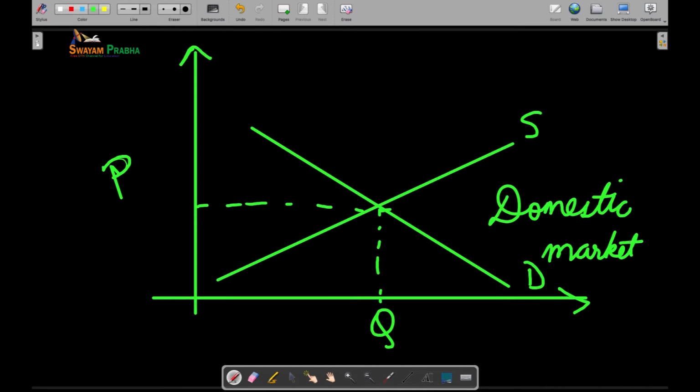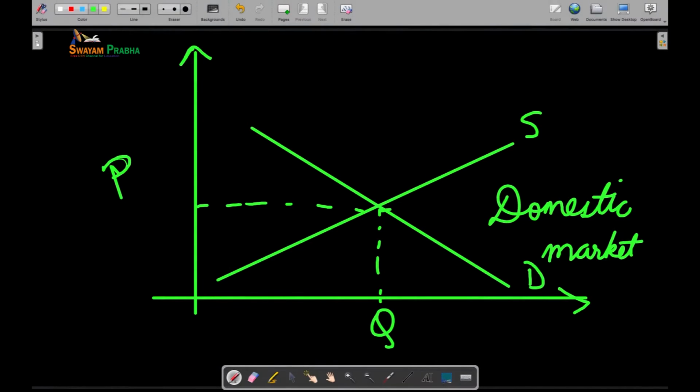But when we start to look at the international market, probably there are certain sellers who are able to supply things at a lower cost, or certain consumers who want to purchase these items at a much higher price because they are putting a much larger value on these products.